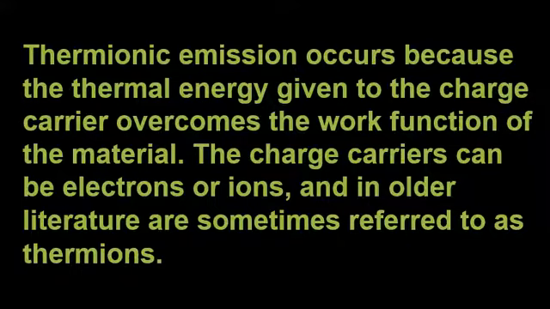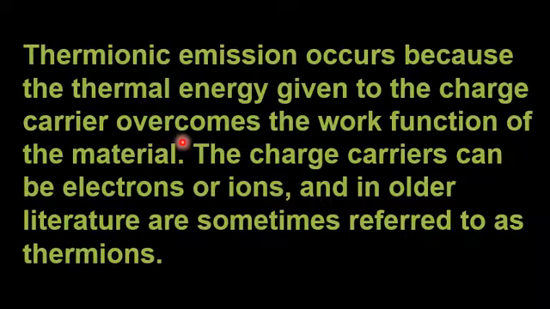So now the question here is, dear student, when a metal surface is heated in thermionic emission process, why are electrons or charged ions emitted from the metal surface? What is the reason for the emission of charged ions or electrons from the surface of the metal in thermionic emission process?